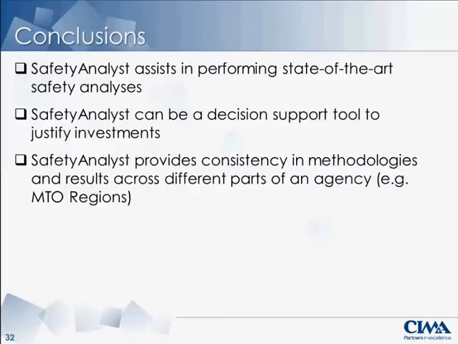One of the things that help jurisdictions is to have a consistent methodology of evaluating their investment and their decisions. MTO has four different regional offices. Each of them is responsible for their own network, and each of them makes decisions on which project should be implemented.